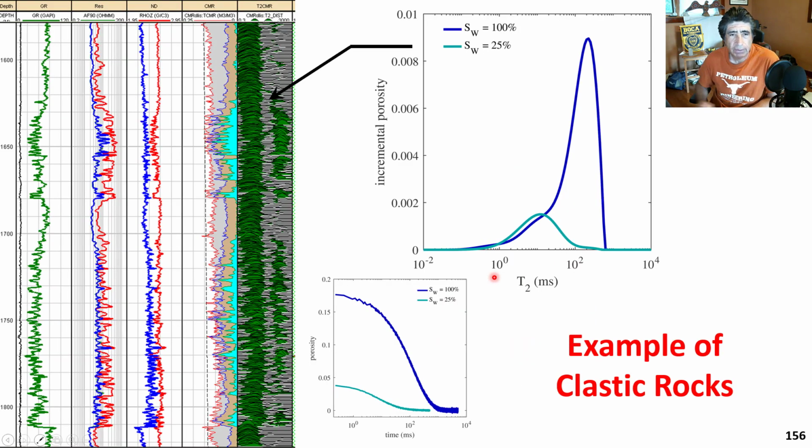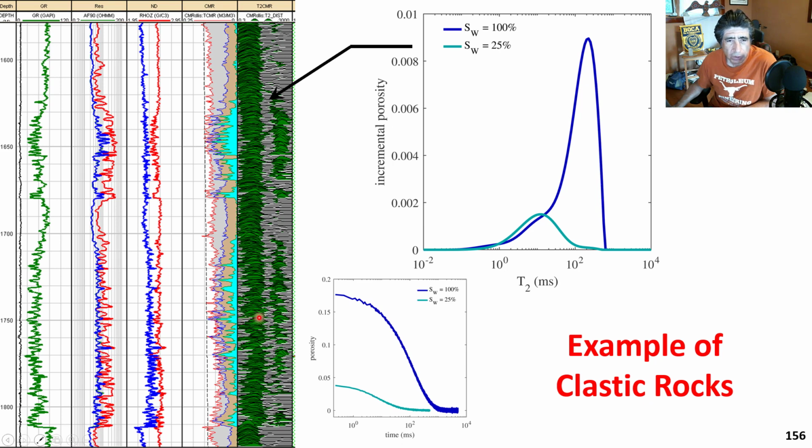All right, so here we have an example. This is a clastic formation, but I just want you to see what happens when they present the NMR logs. So what we have here is an x-axis when we present the magnetic resonance log, and that is the T2 time, the transverse relaxation time.